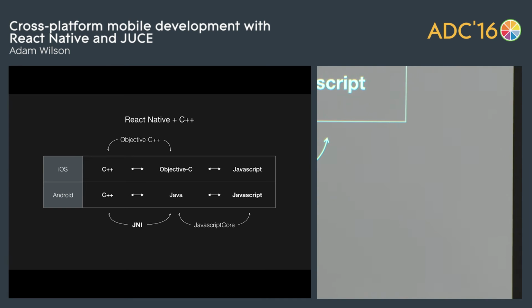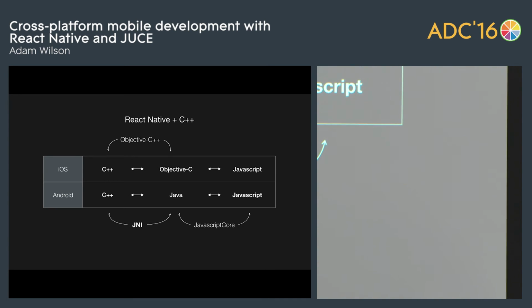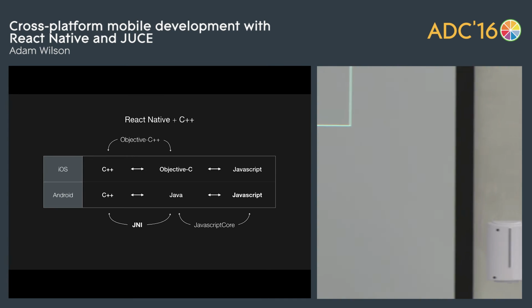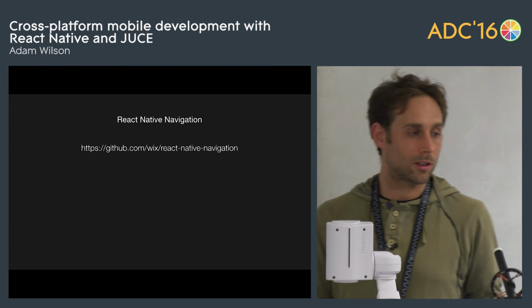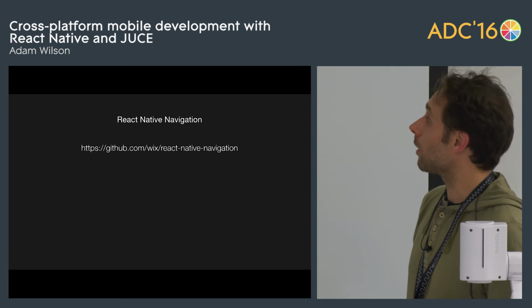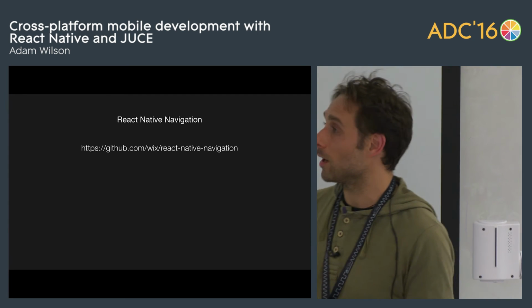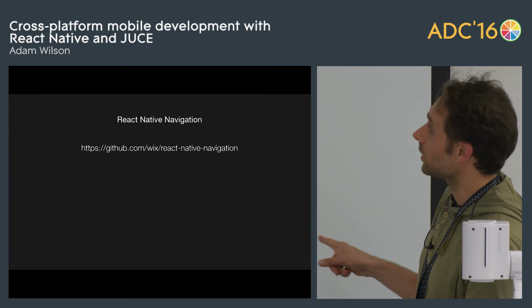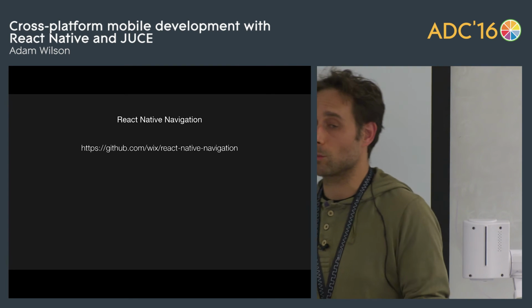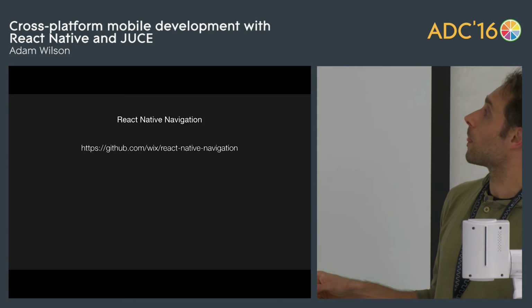So that's pretty much wrapping up my quick run through of React Native and JUCE. I want to mention a library that I've been following and using in my React Native applications called React Native Navigation, maintained by a company called Wix, which is great.